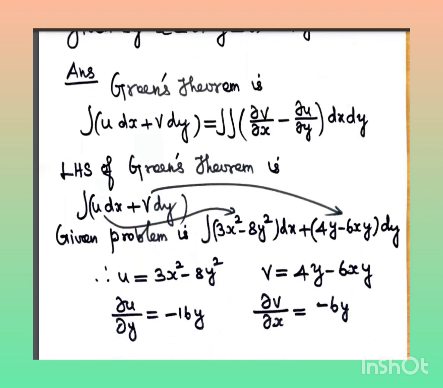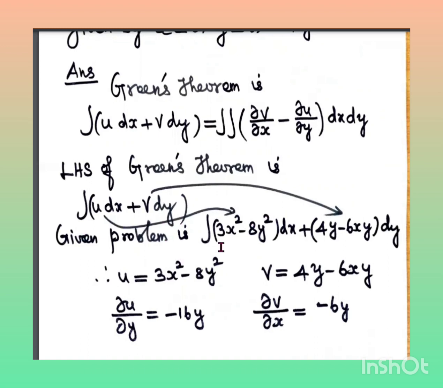First we have to find the left hand side or the right hand side. Here I am going to find the left hand side first. The left hand side of Green's theorem's statement is the line integral of u dx plus v dy. Next you have to write the given problem.